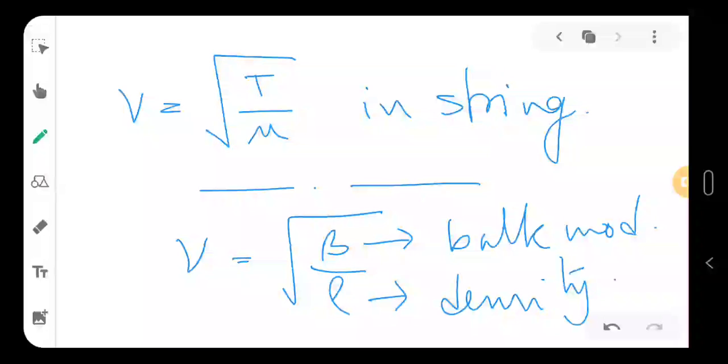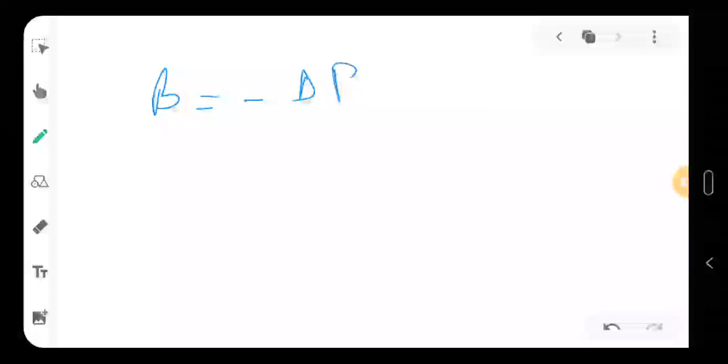In the same way we can do this using dimensional analysis. We know that the bulk modulus B is nothing but minus delta P by delta V by V, that means stress by strain.